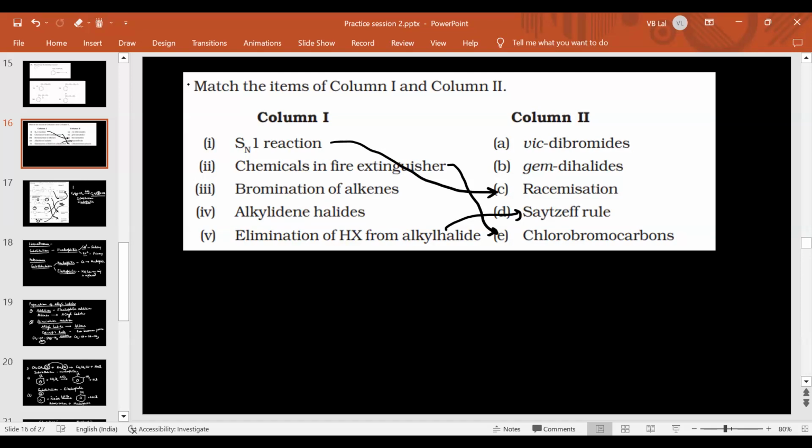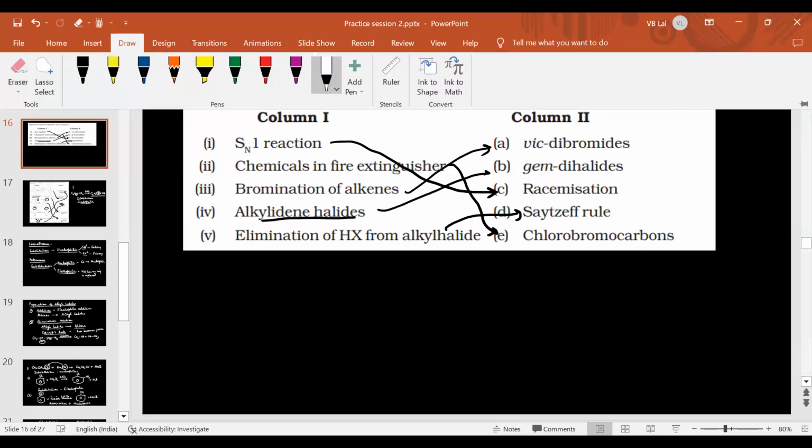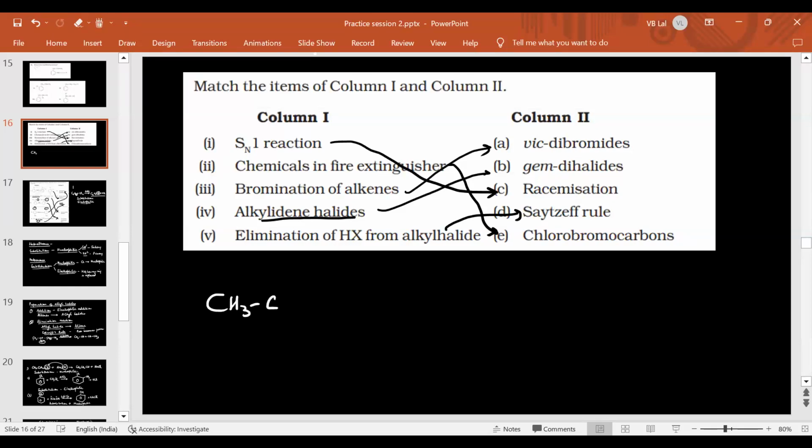Then alkylidene halides are geminal halides, right? Vicinal dibromides form from bromination of alkenes. Did you understand? Now this thing I have mentioned, but probably you are not recalling. See, supposing I have CH3CHCl2, right?